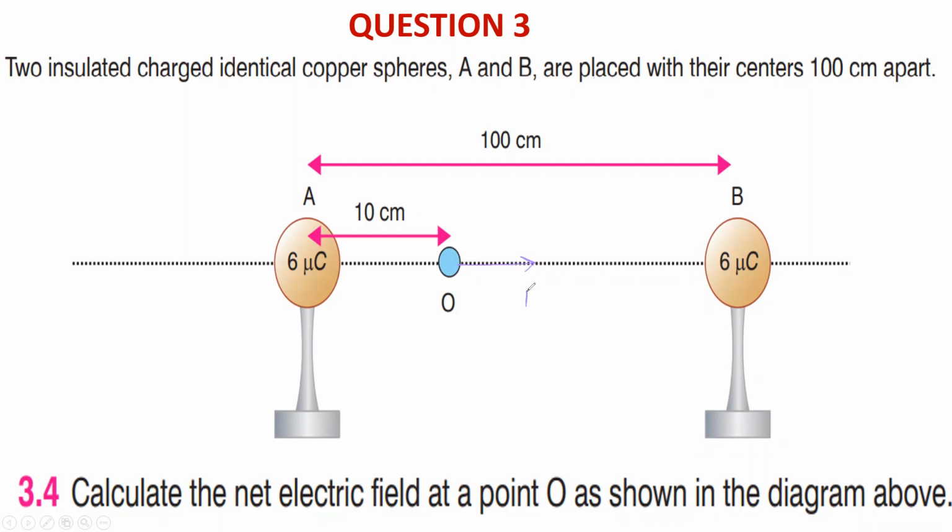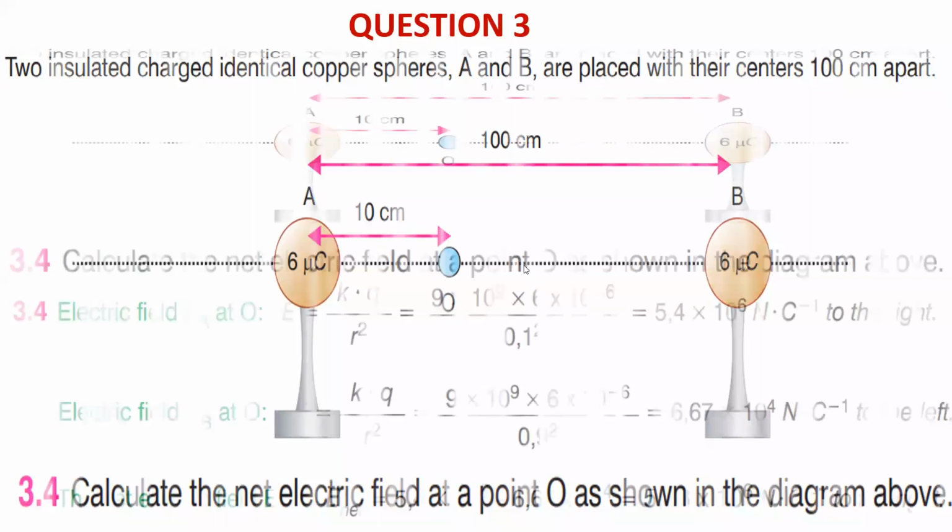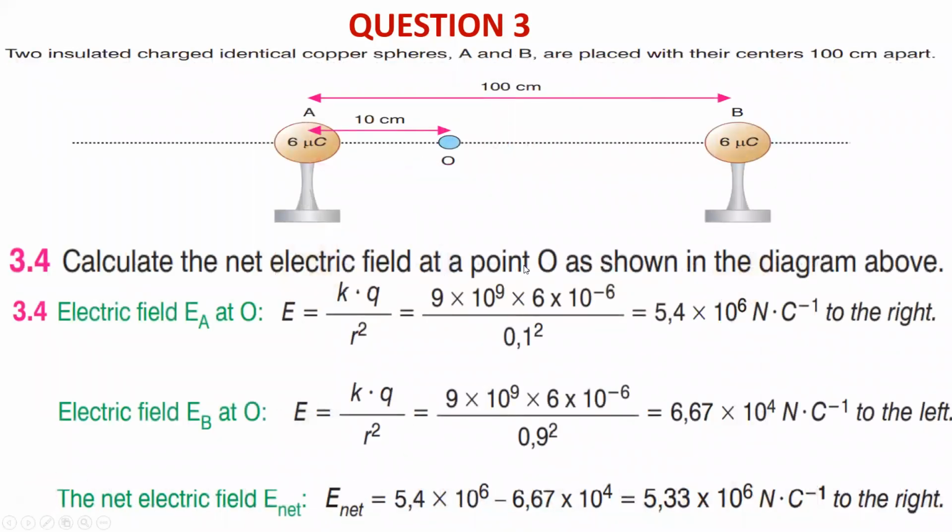E1 to the right because positive always repel. This is also positive, so E2 this way. Now we are going to get E net, E1 minus E2 or E2 minus E1. It depends on which one is bigger. We must calculate first.